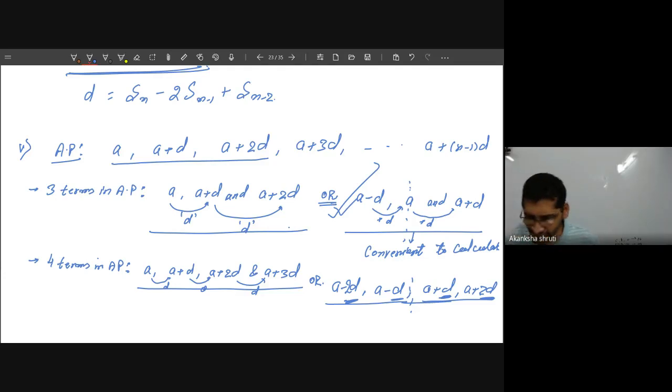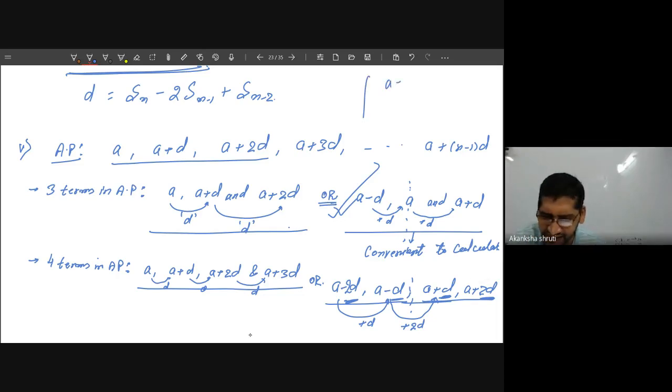Student, what is the common difference here? From here to here, you have added D only, because A minus 2D plus D will give us A minus D. But for reaching from A minus D to A plus 2D, I will add 2D. So you can verify like this.